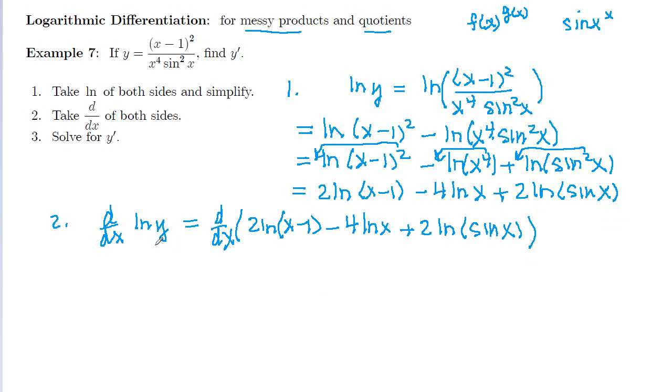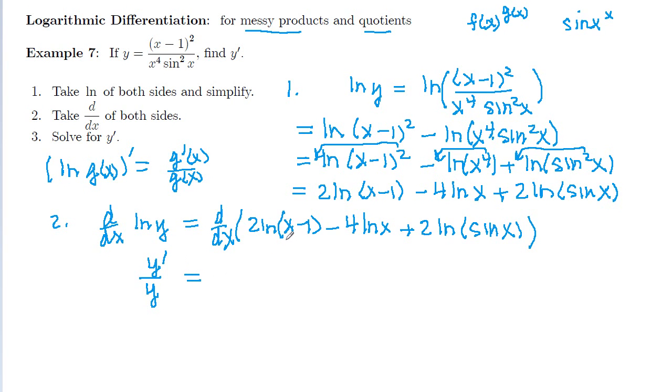Now, remember that y is a function of x. And remember, if you have a natural log of a function g of x and you take the derivative of that, you get g prime over g. The function's on the bottom, and its derivative is on the top. So if you take the natural log of y and the derivative of that, your function, y, goes on the bottom, and y prime on the top.